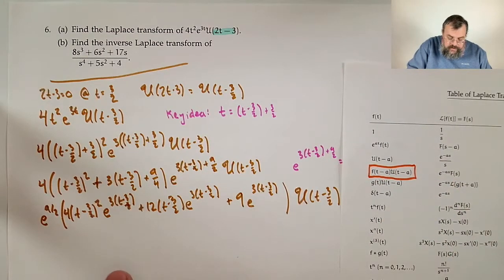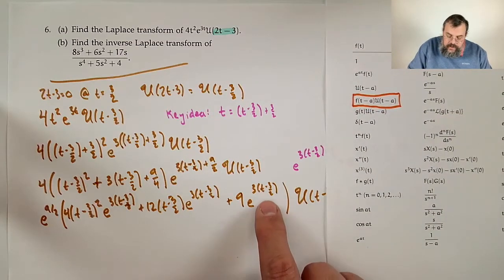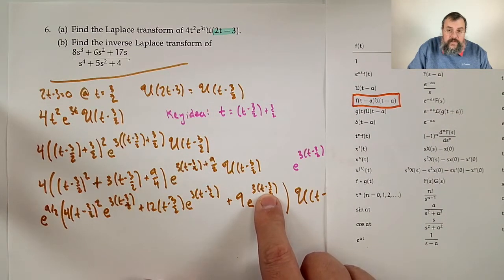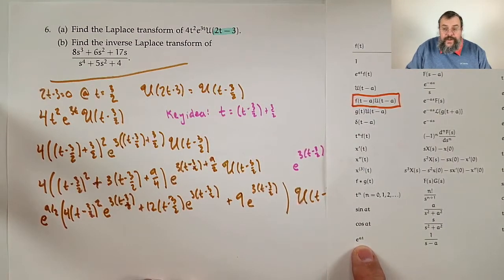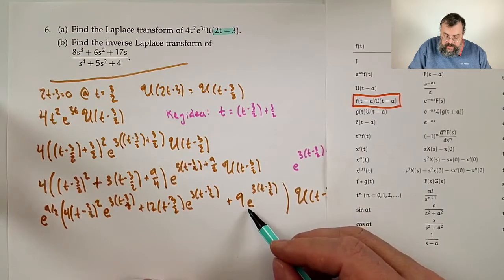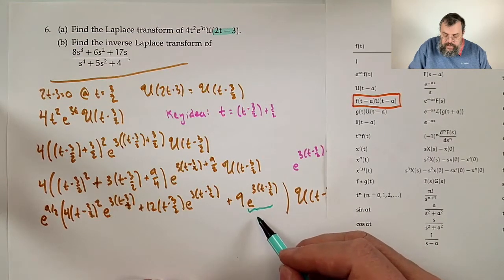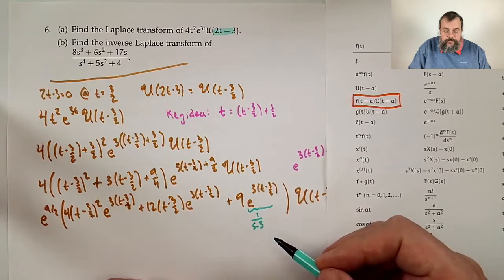But now, what about these individual pieces? Well, don't worry about the t minus 3/2. Think of it as t. So what about e to the 3t? Well, we have e to the at. It's 1 over s minus a. So if it's e to the 3t, then this part right here would become 1 over s minus 3.